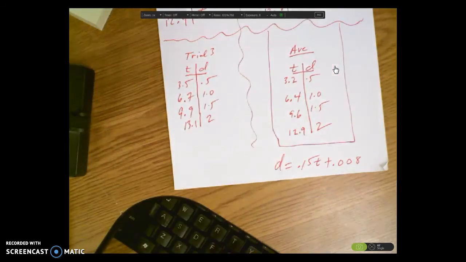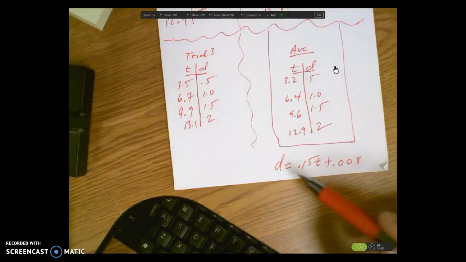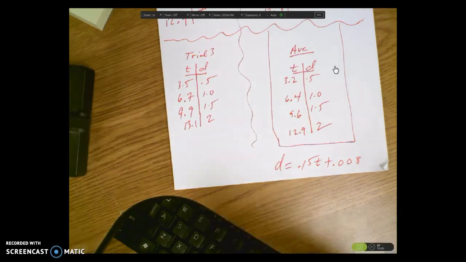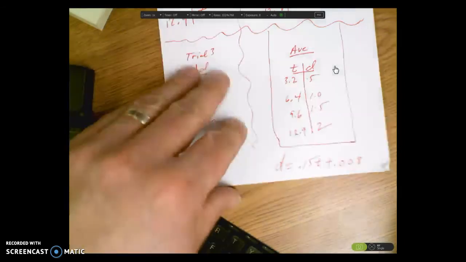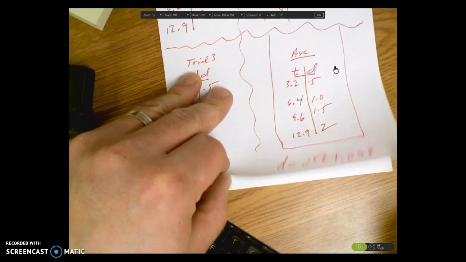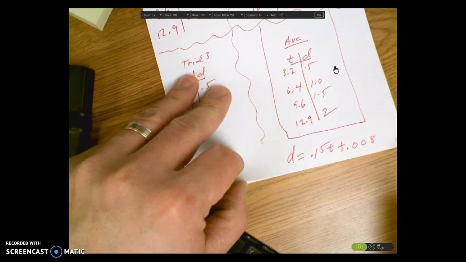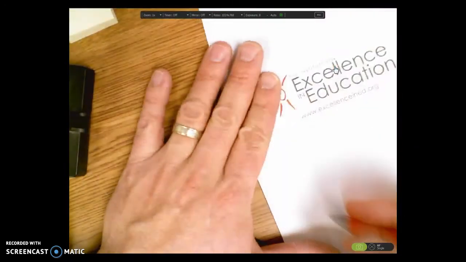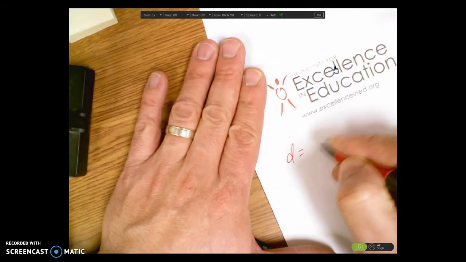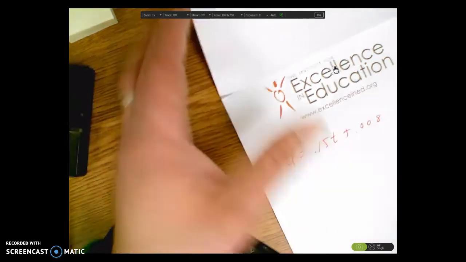So that is the equation I will use with another group to calculate how long it's going to take for the 2 trains to collide after 3 meters. All right, and so let's do an example of that as well. I got time. So what you'll do when you get with your other group that I'll partner you up with is take our equation, which was distance equals 0.15t plus 0.008. I think I had that right.